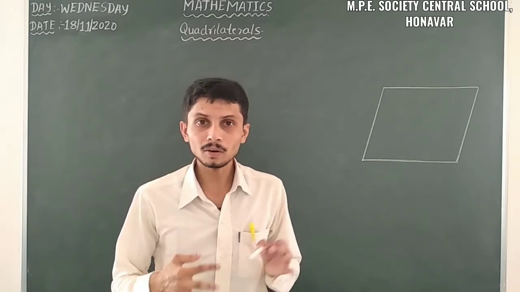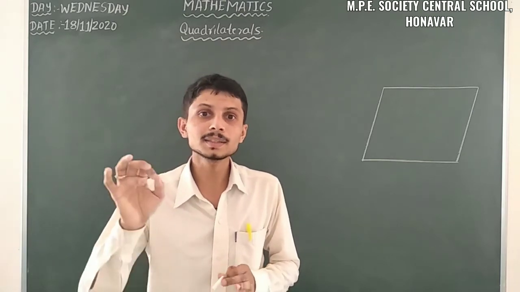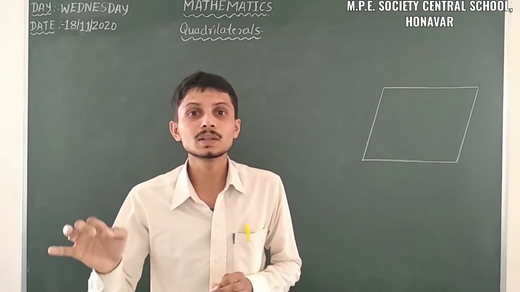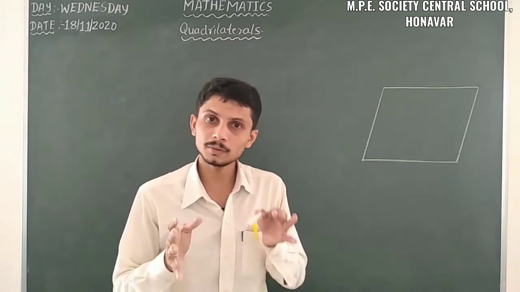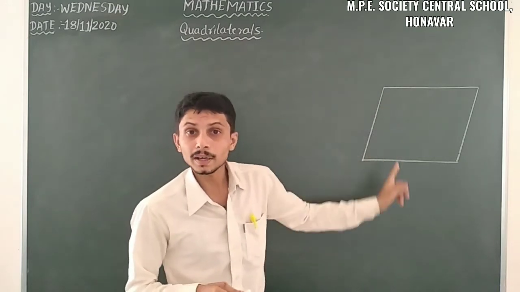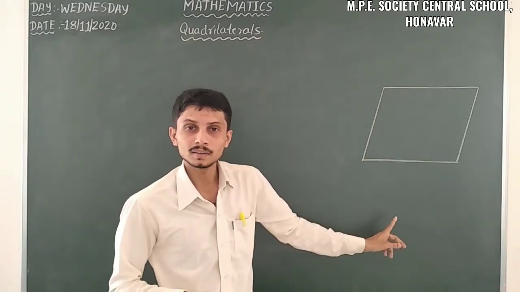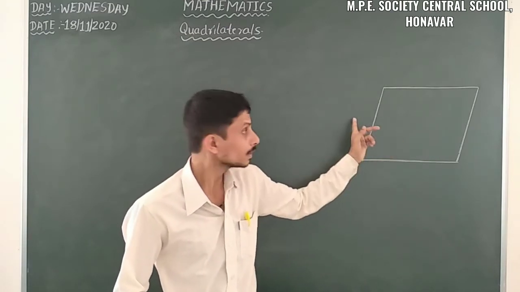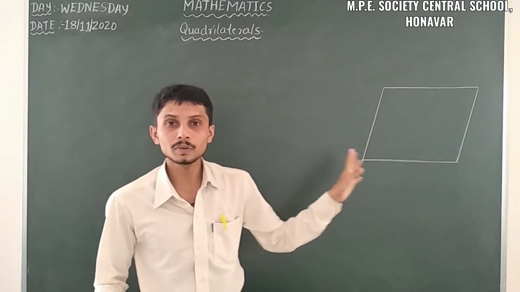But here we have to prove the converse: if a pair of opposite sides is equal and parallel in a quadrilateral, for example this quadrilateral, then we can come to the conclusion that it's a parallelogram, and the other pair of opposite sides is also equal and parallel. So that one we have to prove here.